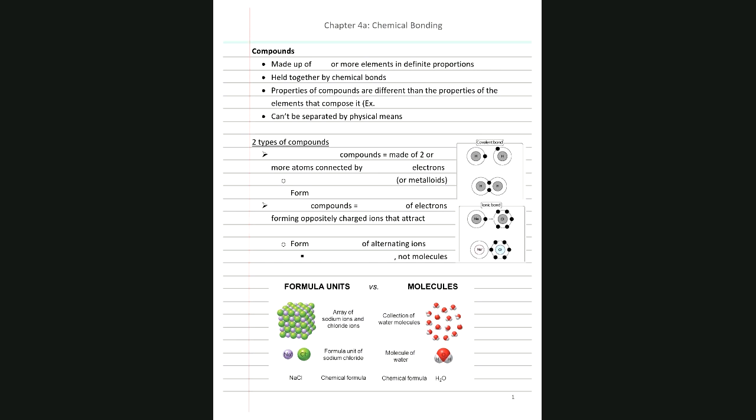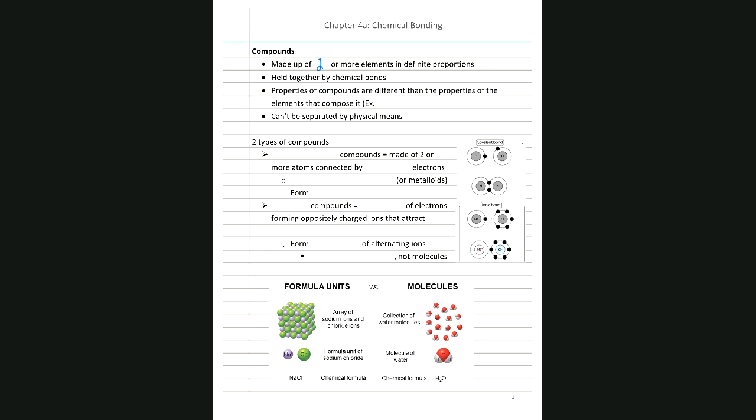So compounds are made up of two or more elements in definite proportions. So, for example, H2O is water. It's 2 hydrogens and 1 oxygen. You can't have a compound that has varying amounts. There's no such thing as a water molecule with 3 hydrogens or a half of an oxygen, okay?